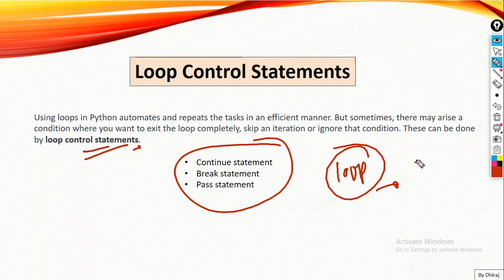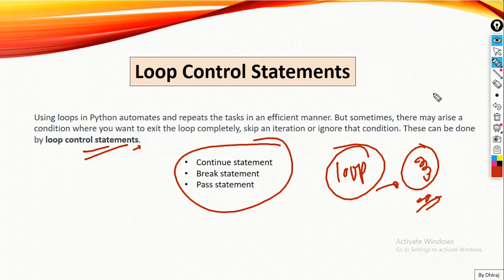So if you are iterating something and you need to put a condition that at this point, if the condition gets true, my loop will get stopped immediately and should not move ahead, what should we use? We use a loop control statement. First we're going to learn for, and then we're going to learn for while, right? The first statement is known as the continue statement.